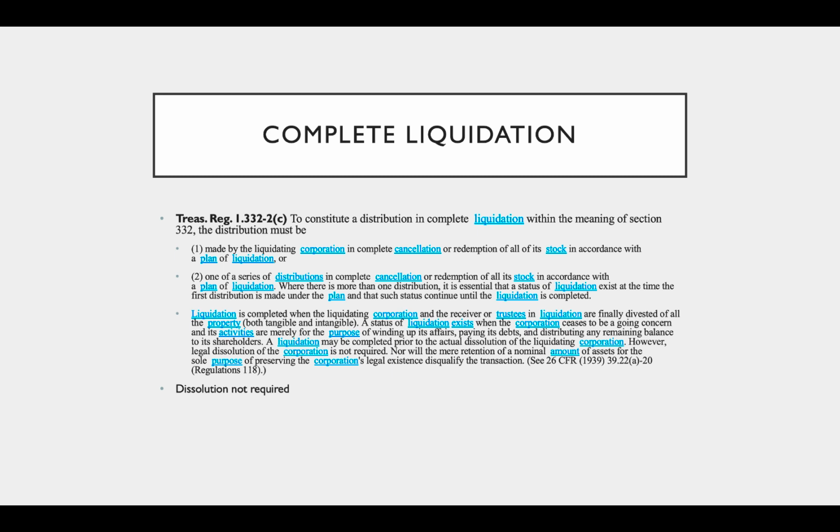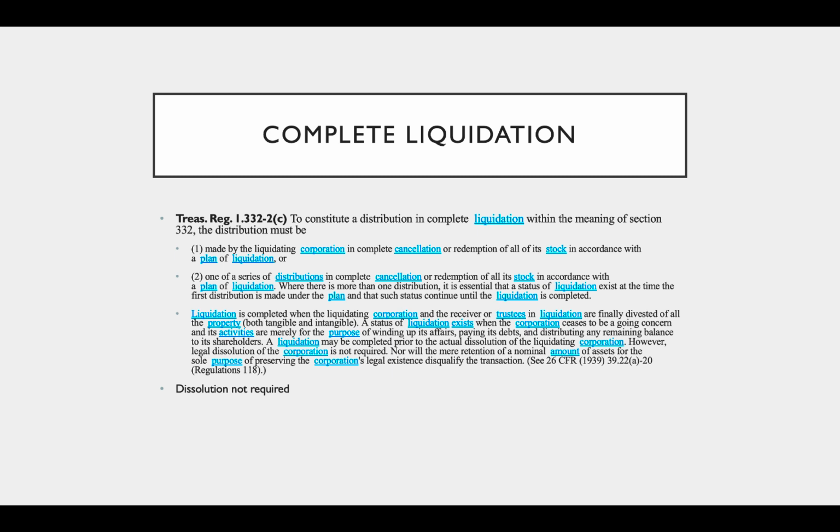If there's more than one distribution, they all must be part of the liquidation plan before the first distribution is made.